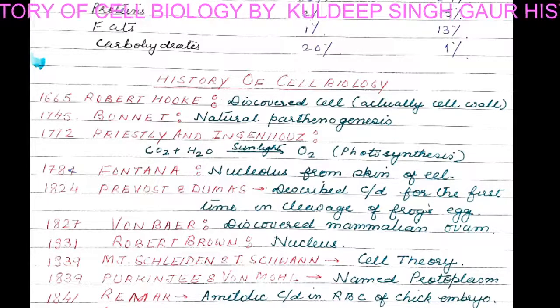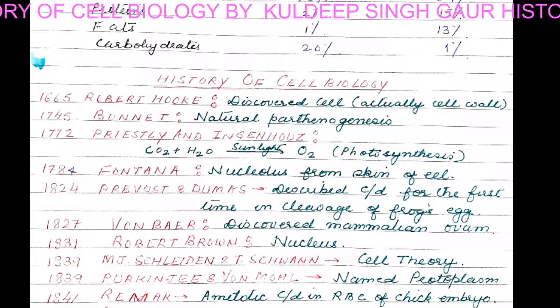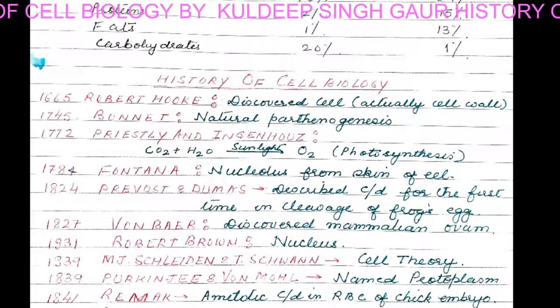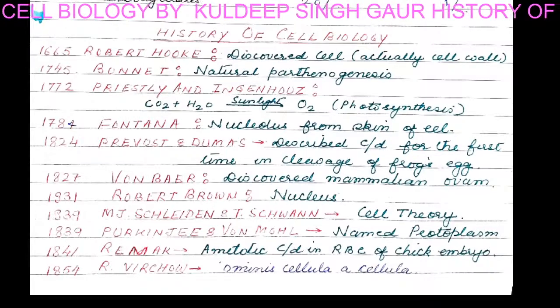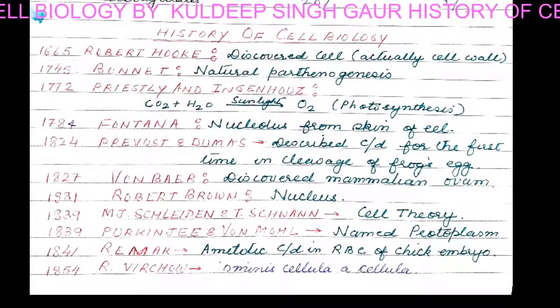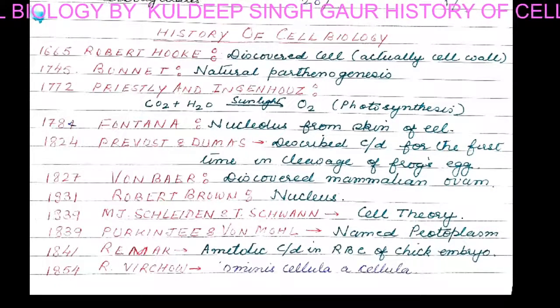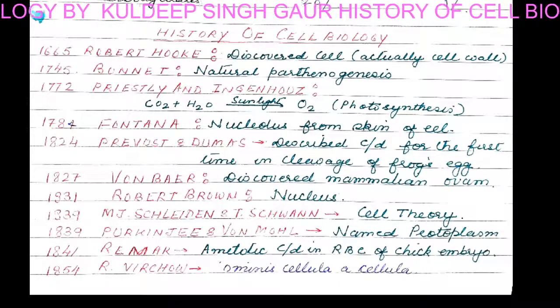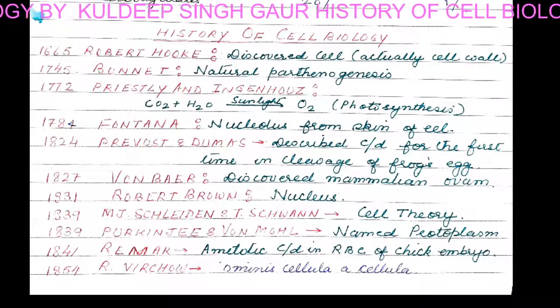In 1745, Bonnet discovered natural parthenogenesis, and most of you must be knowing that parthenogenesis is the development of egg without fertilization.